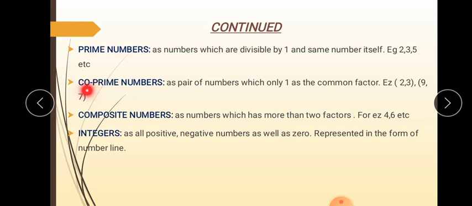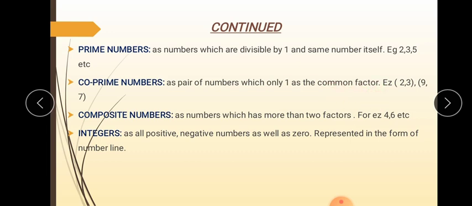Co-prime numbers. Now what do you understand by the word co-prime? Co means it is used as a pair. When two numbers are together considered, we call as a co-prime. So co-primes are pairs of numbers which have only one as a common factor.